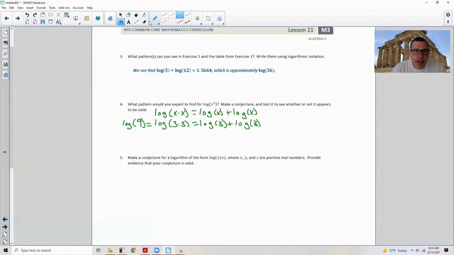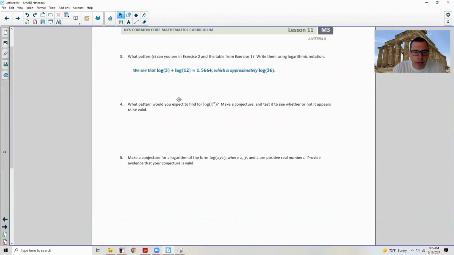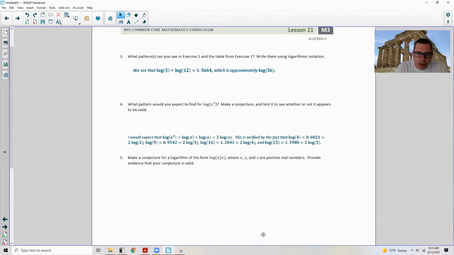Okay, so let me get this out of the way. And let's put it into neater words. So I would expect that log of x squared equals log of x plus log of x, which equals 2 log x. They're showing it that way. Interesting. This is verified by the fact that log of 4, they're using 4 for an example, is approximately 2 times log 2. Log of 9 is approximately 2 log 3.